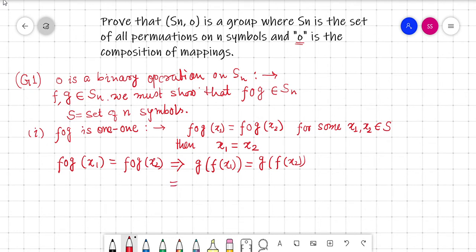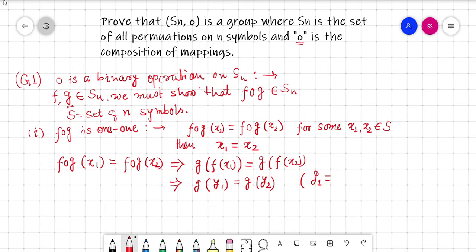Now if you remember, this g is an element of Sn. It means g is a permutation, so g is 1-1 and onto both. Because g is 1-1, for your convenience you can just suppose f of x1 is y1 and f of x2 is y2.